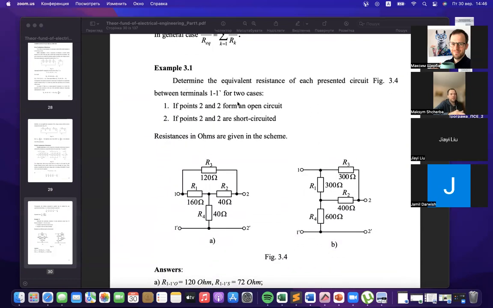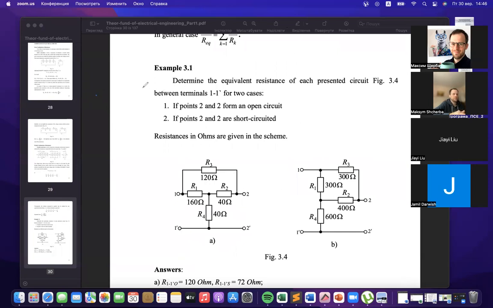And using this, we could find the total resistivity for any circuit, simplifying lots of elements as just one. The only difference is between which points we should measure the total voltage.